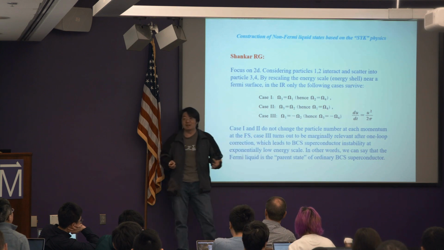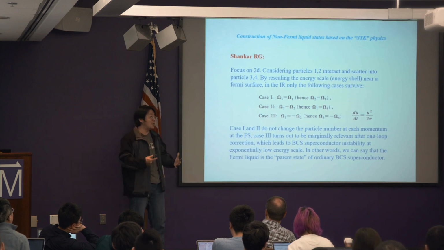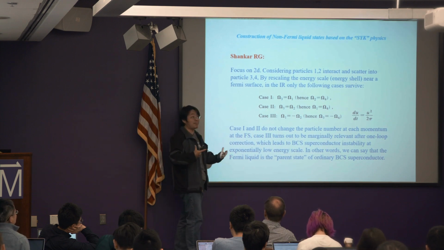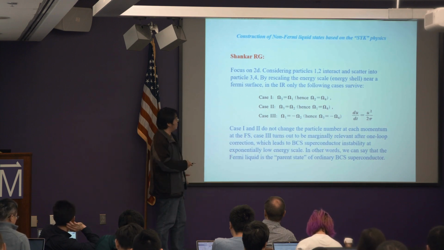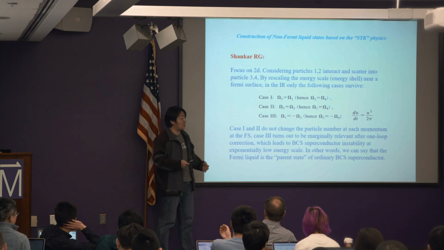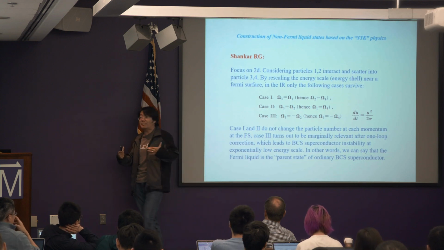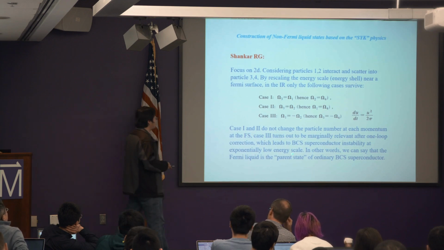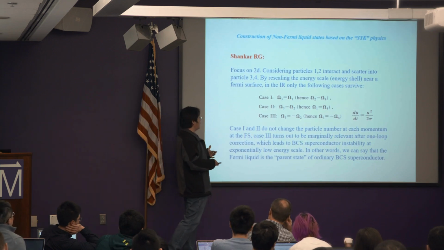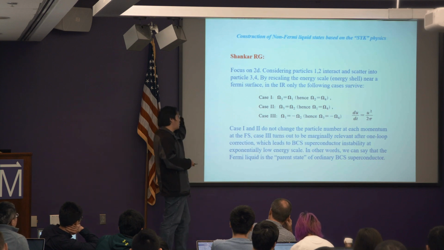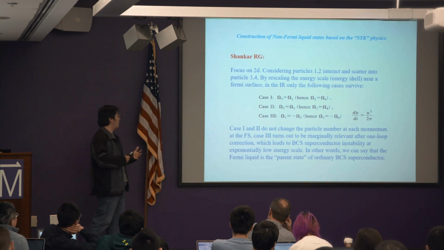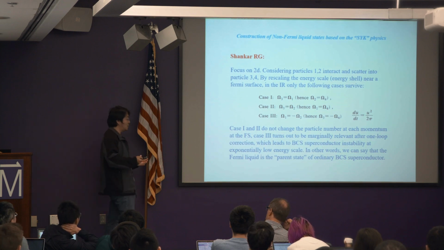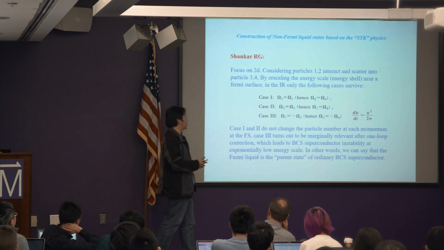This marginal relevance means that the Fermi surface is unstable against the attractive interaction with this process, and it is unstable against forming a superconductor. This process will become very relevant and non-perturbative at an exponentially suppressed low energy scale. So we are going to have a BCS superconductor at a very low energy scale.